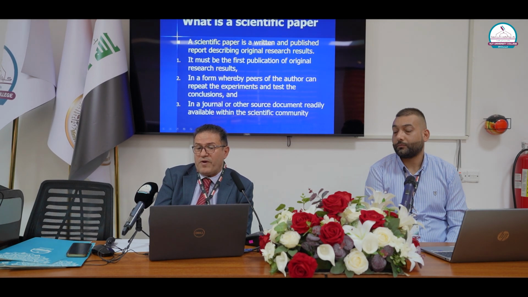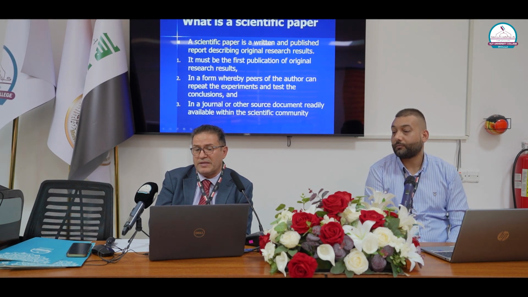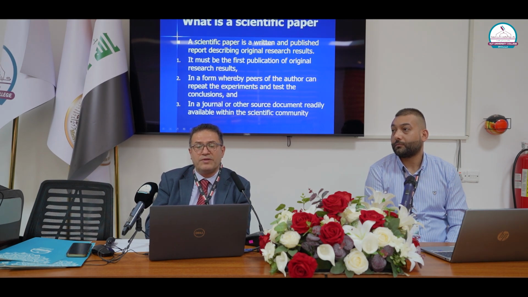It must be the first publication of the original research results in a form whereby peers of the author can repeat the experiment and test the conclusion, and in a journal or other source document readily available to the scientific community.